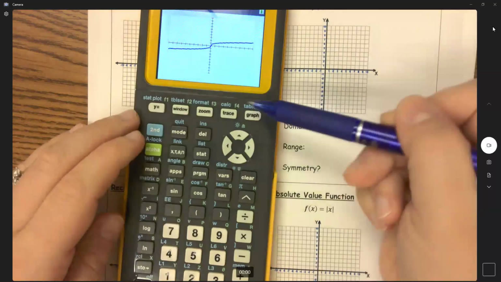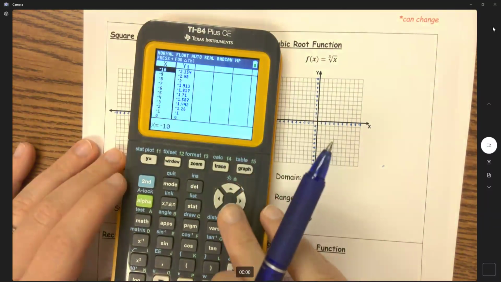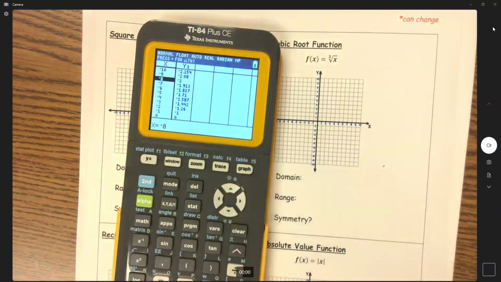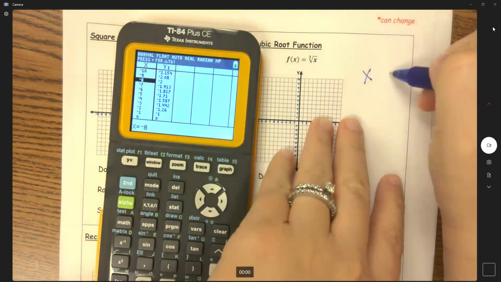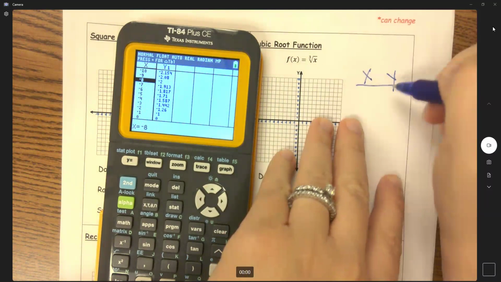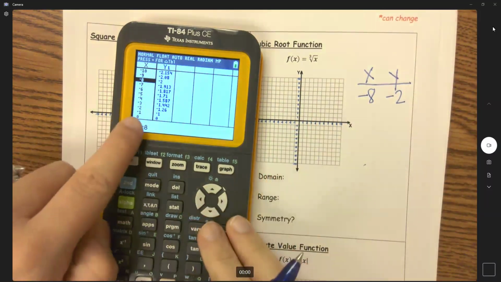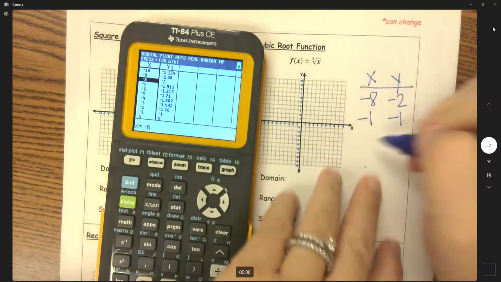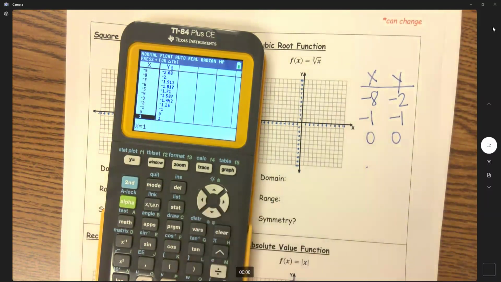So if we go to our table here, let's get our values that we can use. And we can fit this -8, 2 on here. We have -1, -1, and 0, 0. We have 1, 1.